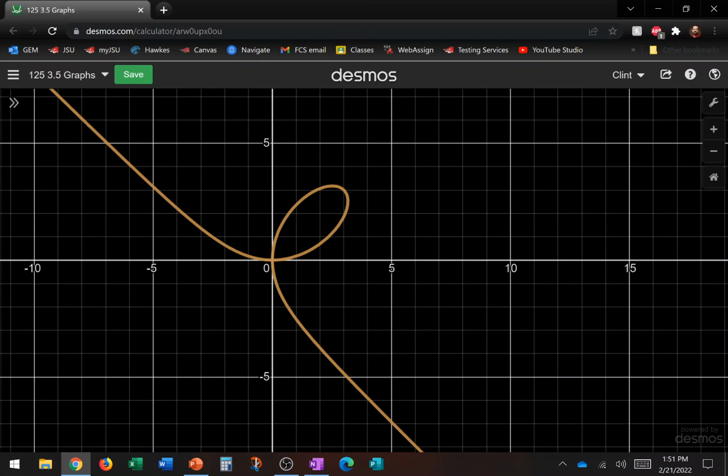It's called the Folium of Descartes. So again, if we think about this graph and think about is it a function, it would not be, because we've got places where we could draw a vertical line and it would touch more than once. In fact, we've got some places where it would touch 3 times. And so this would not be a function the way it's written.